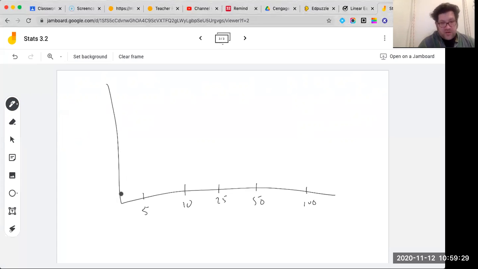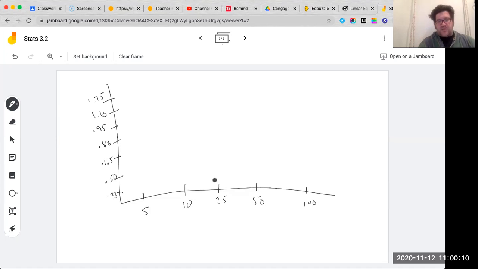So we've got 0.35, 0.5, 0.65, 0.8, 0.95, 1.1, 1.25. I tried to make each hash mark be 0.15, and it looks somewhat equally spaced.